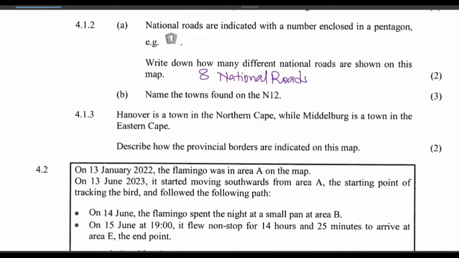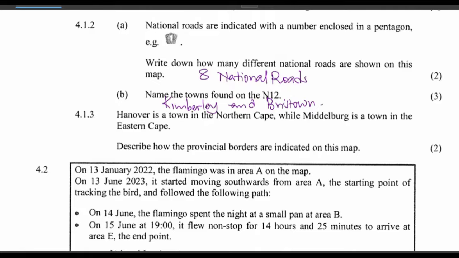So the towns that we see here are Kimberley and this one. Okay, Hamhan is a town in Northern Cape.